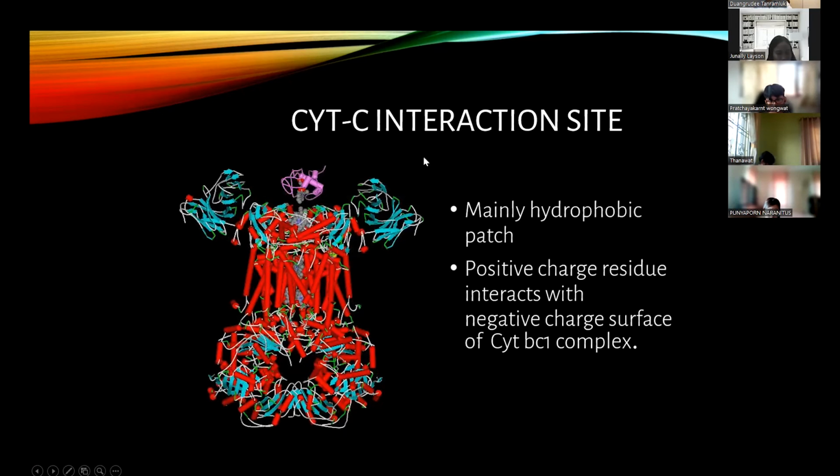So in order to hop from cytochrome BC1 complex to cytochrome C oxidase, it hops and then it picks up electrons. So this cytochrome C molecule has blue colors, normally positive charge. So it catches the negative charge on the bottom, and then it transfers electrons. So that's how it goes, and it recognizes certain places by having the charge.